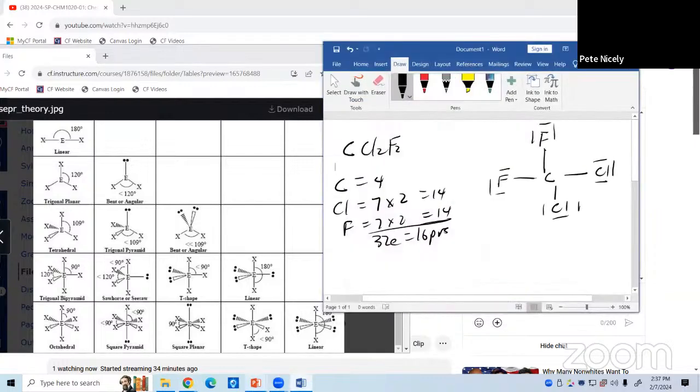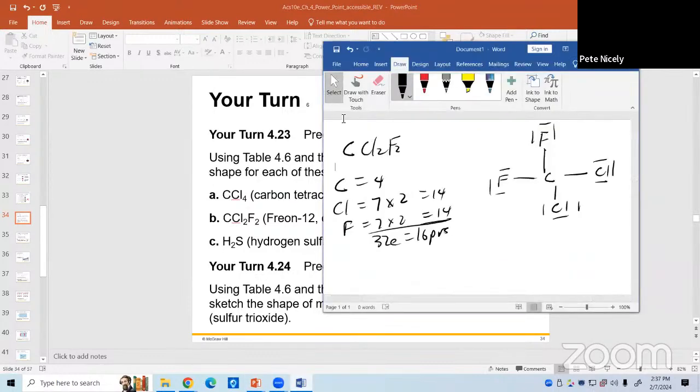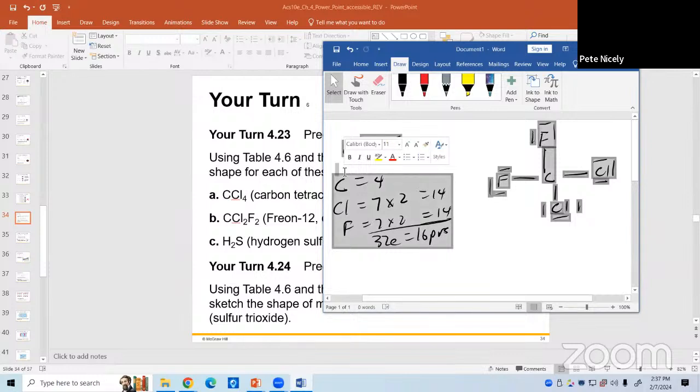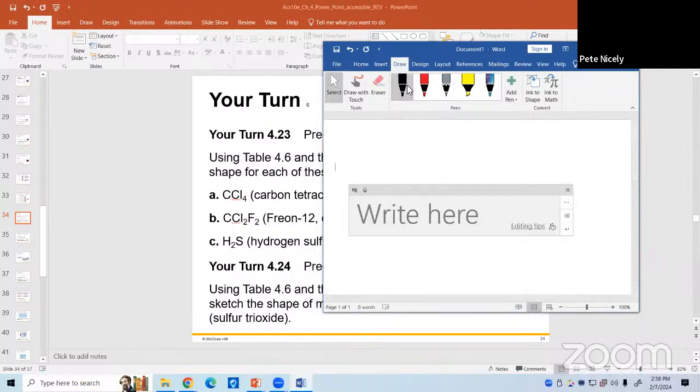Okay, the next one is hydrogen sulfide, H2S. So let me get rid of this here, and here I'm going to write down the H2S.